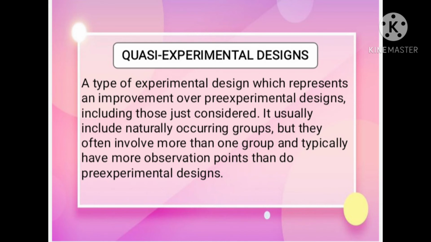Quasi-experimental designs. This is a type of experimental design which represents an improvement over pre-experimental designs, including those just considered. It usually includes naturally occurring groups, but they often involve more than one group and typically have more observation points than do pre-experimental designs.